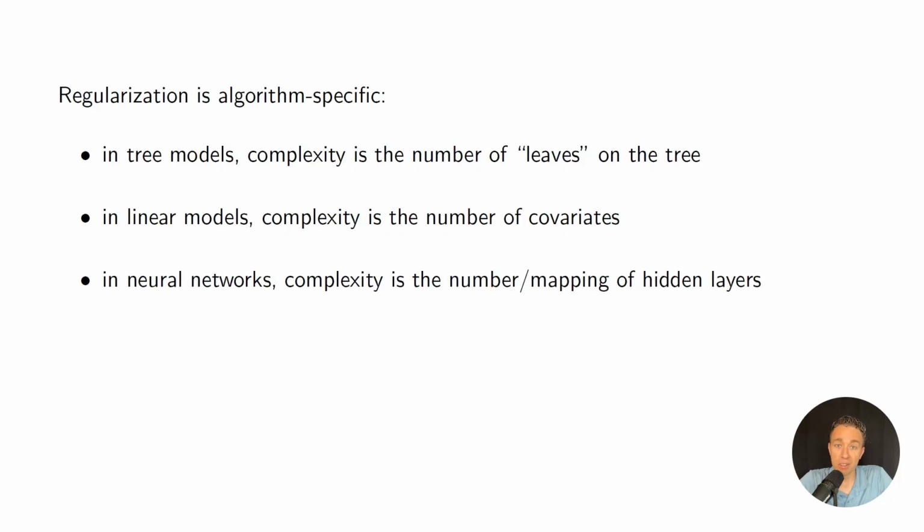In neural networks, there's complexity in terms of the network architecture, which has to do with the number of hidden layers and the number of neurons per layer. In a Bayesian approach, the prior belief is going to act as a regularization, and so typically Bayesian approaches don't need regularization.